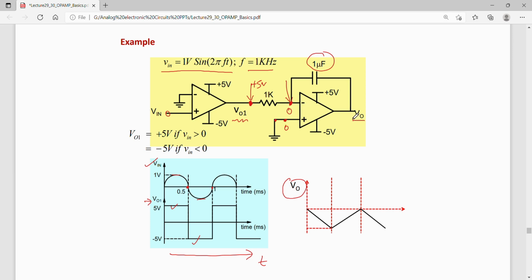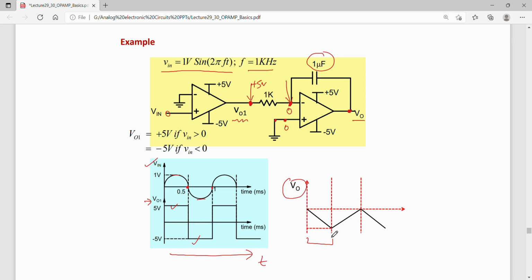So the output of this op-amp will start falling for the entire region. When the input is plus 5 volts for 0.5 milliseconds, the output will try to come down, because this node has to be brought down to 0.